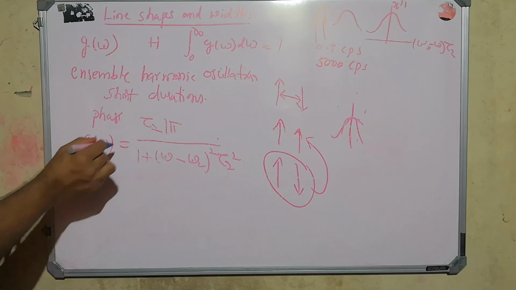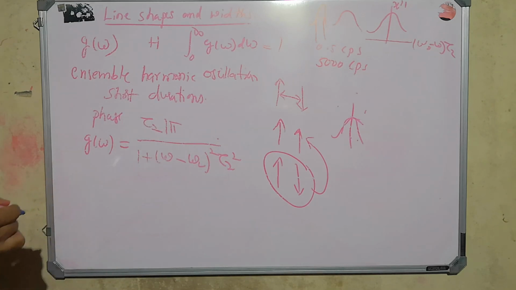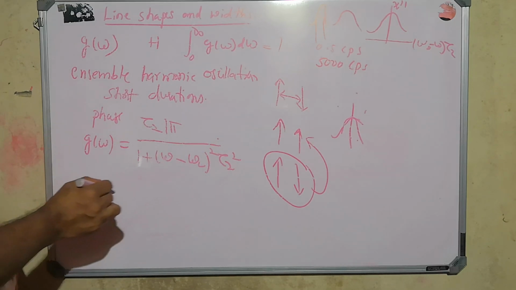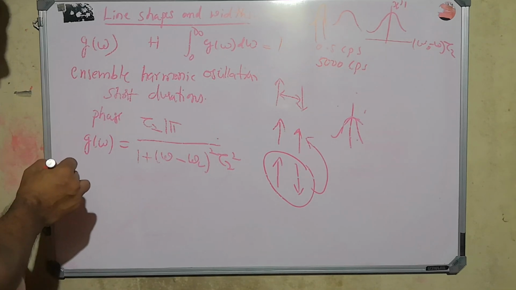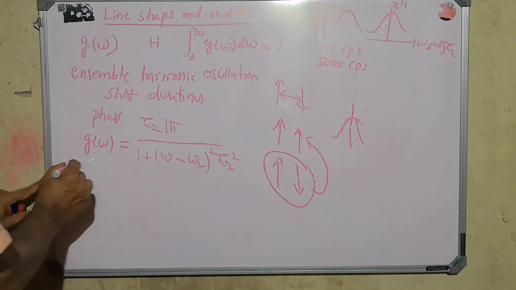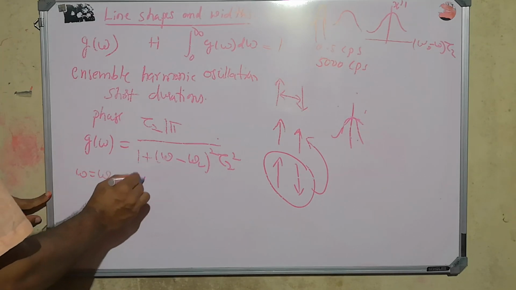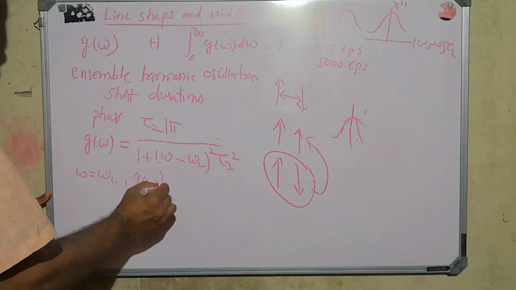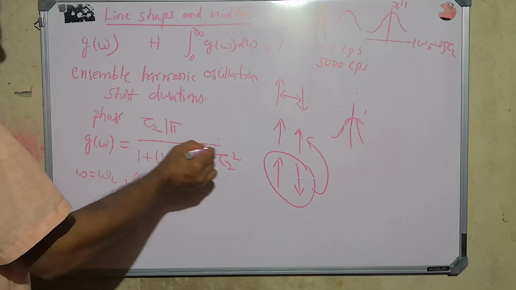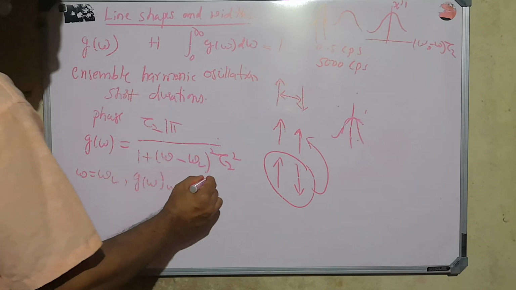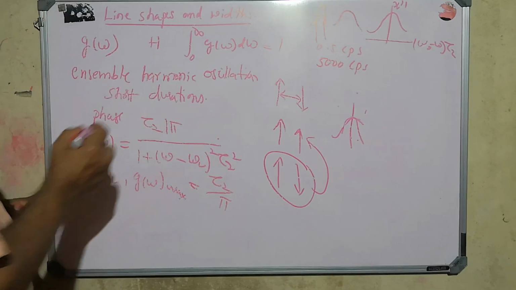Here you can observe tau 2, the spin-spin relaxation time, omega L the Larmor frequency, and omega the applied frequency. When omega is equal to omega L, what happens? g of omega gets its maximum value, because omega equal to omega L makes this term reduce to 0. The expression becomes tau 2 divided by pi.